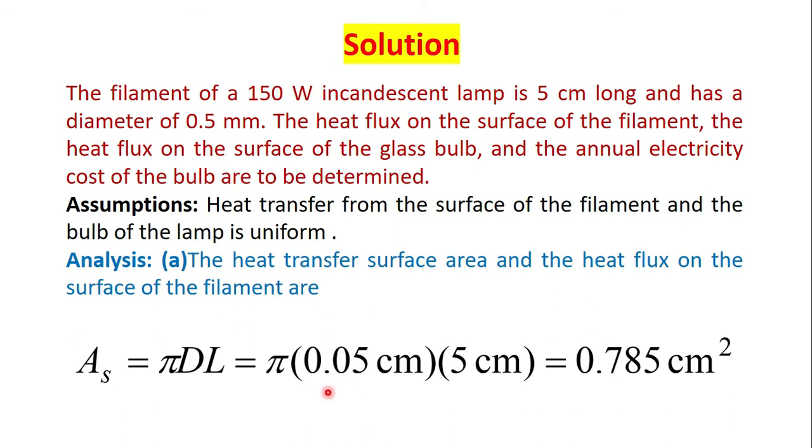You have to convert it into either meters or centimeters, but the units must be consistent. So this is the diameter of the filament. After putting all the values, you will get the surface area of the filament, which will be equal to 0.785 centimeter square.